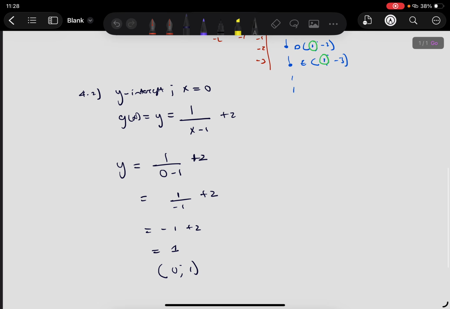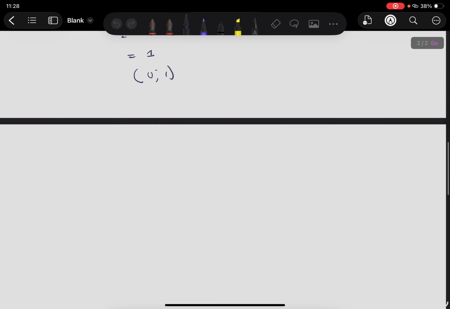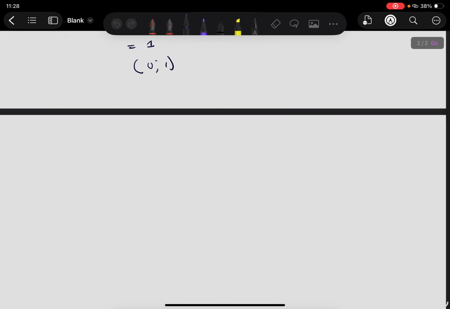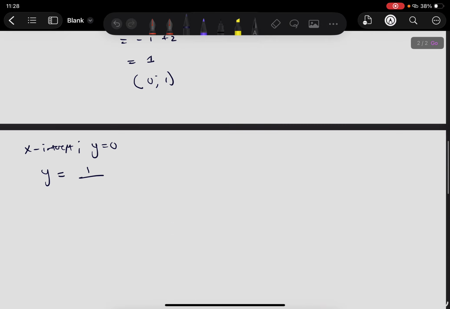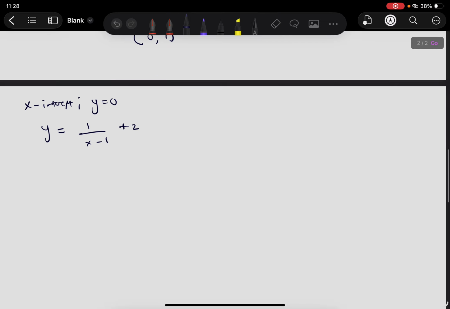Now moving on to your x-intercept. So for our x-intercept, we make y equal to 0. The formula of the graph is given by 1 over x minus 1 plus 2. So here we make y 0.